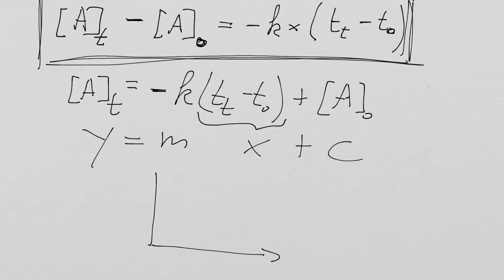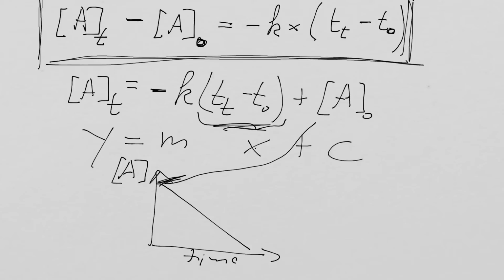So what do I plot? I plot here A, the concentration of A. I plot here time. And I get a straight line. This point here is A_0.